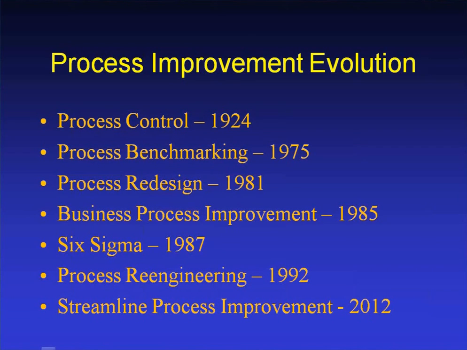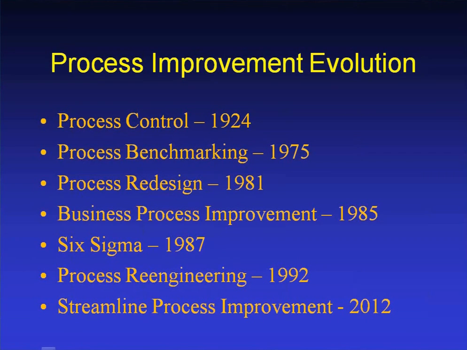The next major breakthrough occurred about 1981 when we started talking about process re-engineering. We started looking at our business processes, getting away from manufacturing and focusing on things like sales, marketing, all of the control processes behind the manufacturing process. And the next biggest breakthrough was where we started talking about business process improvement methodologies.